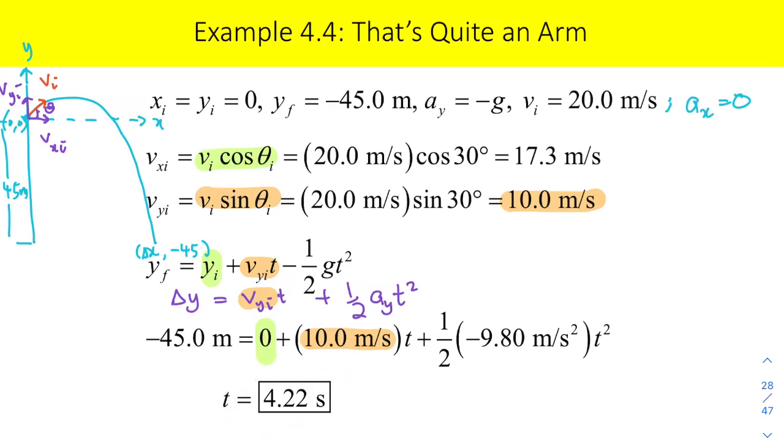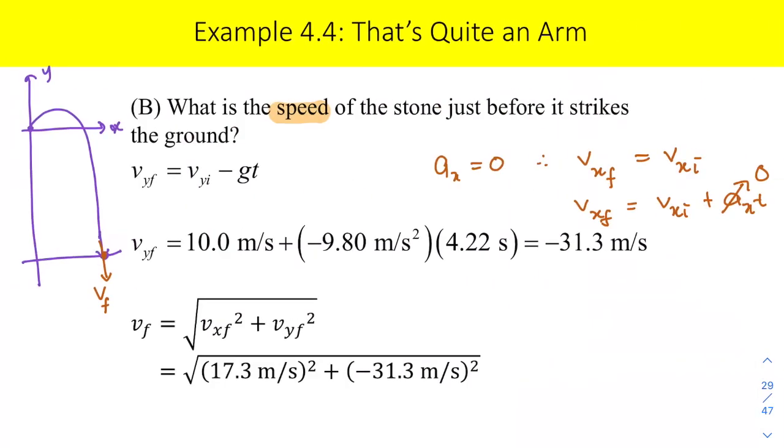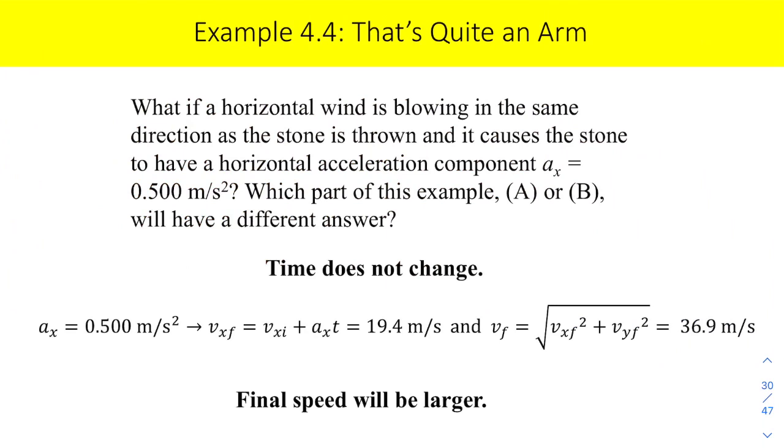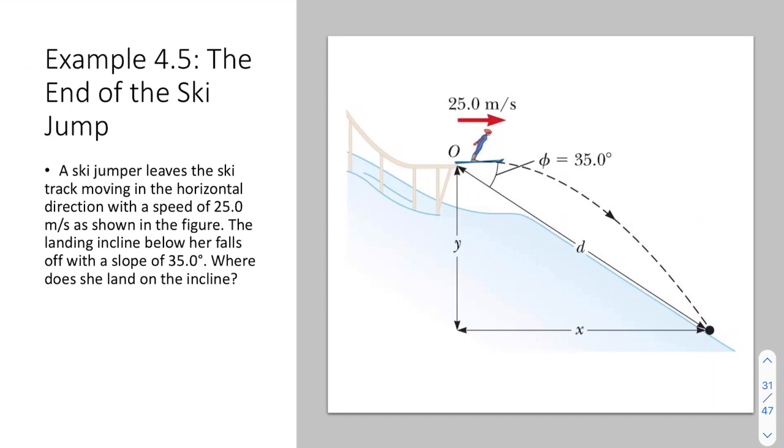To have the t. Okay, so the t does not change even though we do have ax right now. Okay, in calculation of your part B will be different because now you have your vx final. So you repeat the same calculation of Pythagoras again, you will get this amount. So your final speed will be larger.